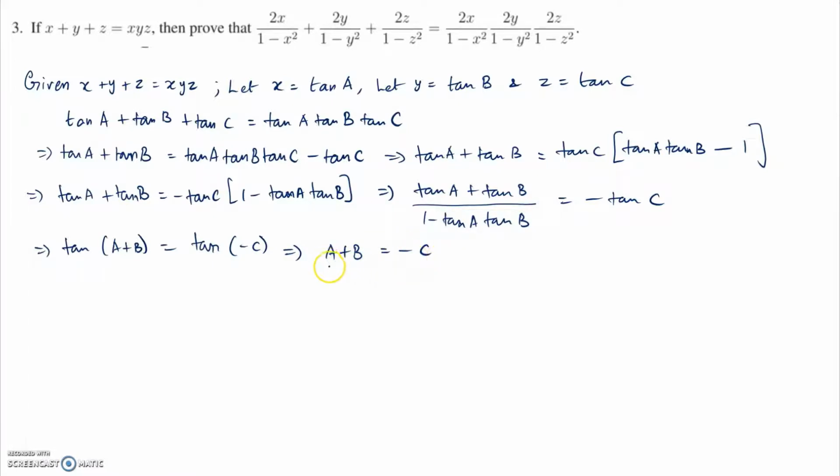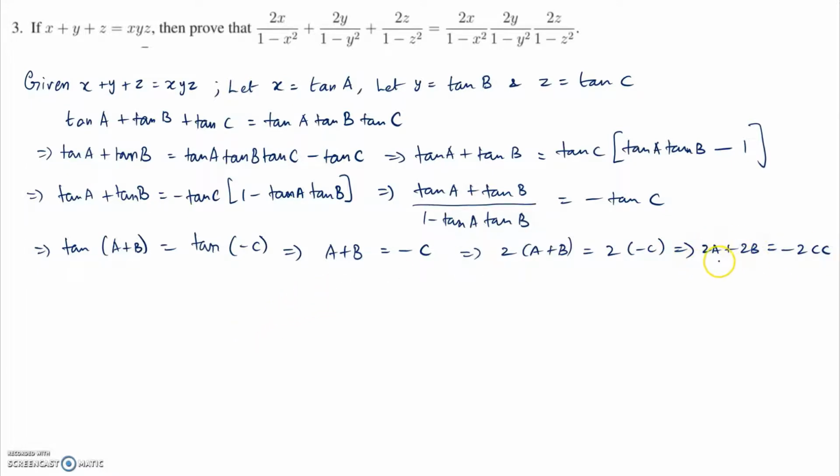Now let's multiply the left hand side and right hand side by 2. So this will become 2 times a plus b is equal to 2 times minus c, which is nothing but 2a plus 2b is equal to minus 2c.